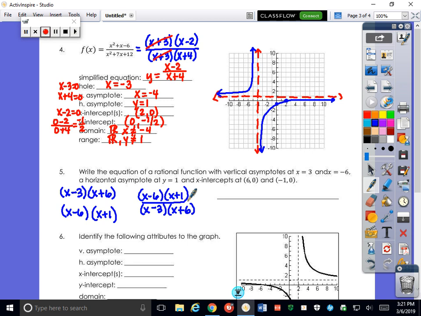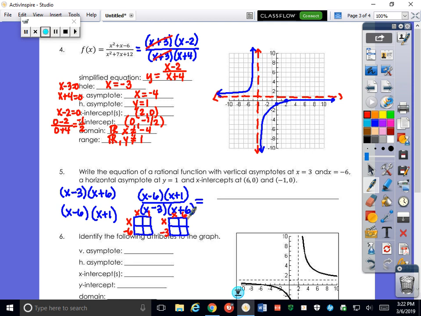So when we multiply that out, you're going to basically use the box method on the top and the box method on the bottom to multiply those out. So you would do x minus 6 and x plus 1, and x minus 3 and x plus 6.